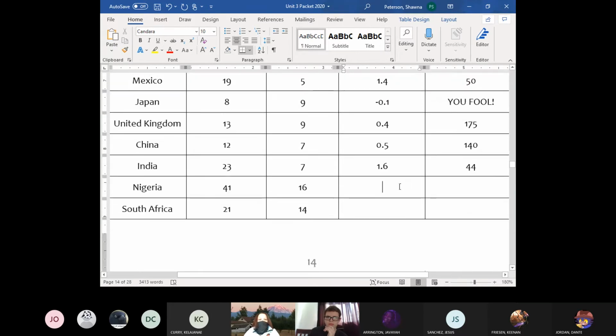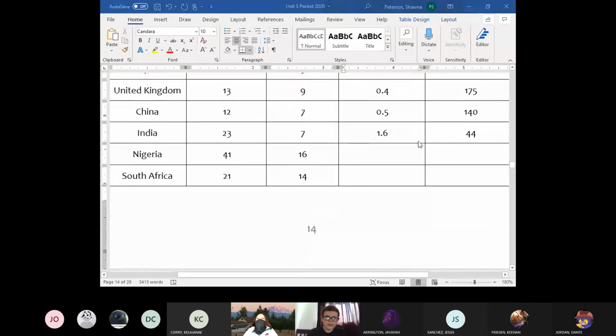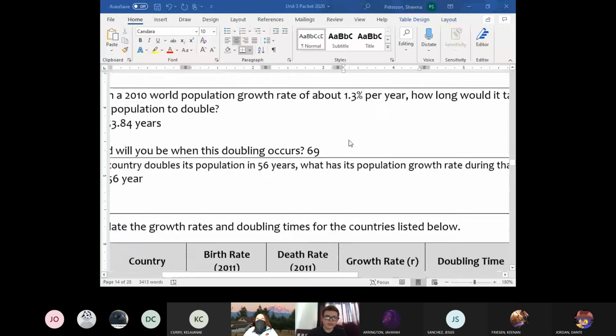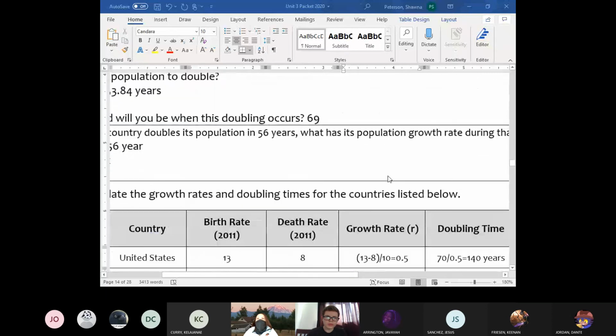All right, two left. I haven't heard from you, Nigeria. Oh, it might be on the next page. Is this India? Yeah, mine just bumped to the next page because I spaced some of this out.